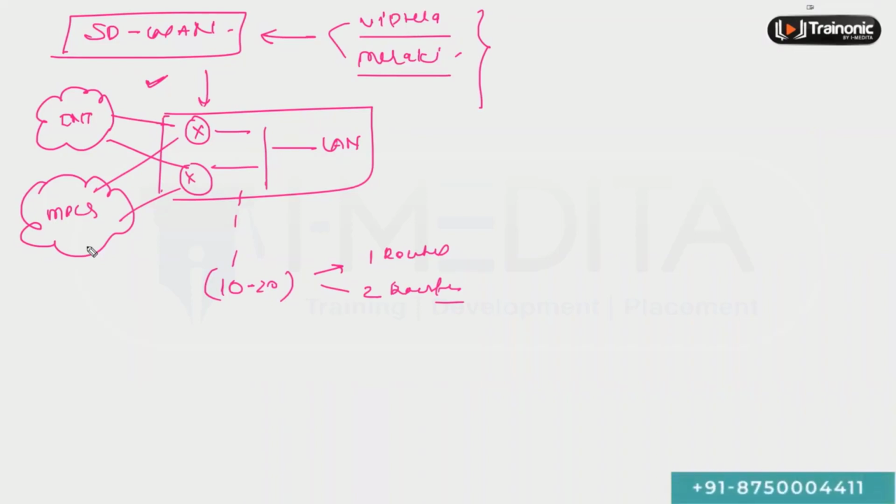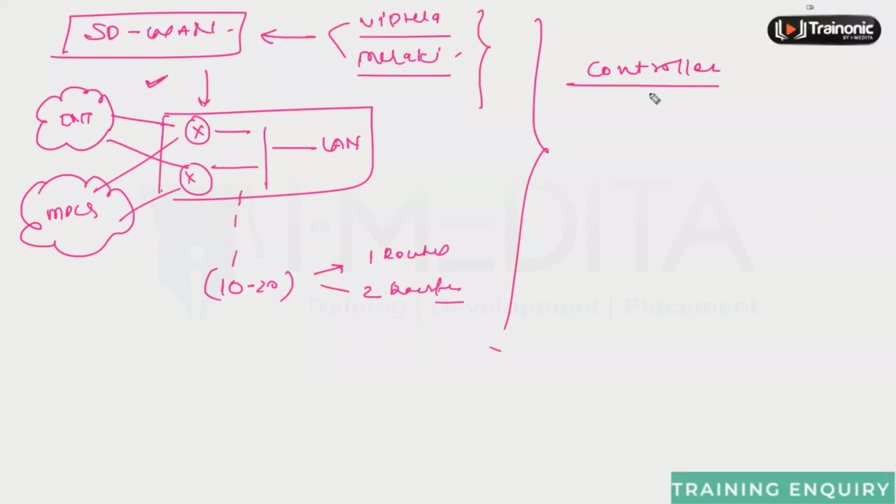Let me give you a brief overview of what SD-WAN does. In SD-WAN, what they have done is they have taken out all the intelligence of this device and created some separate devices called controllers. So software-defined networking, SDN, the software-defined approach to manage the infrastructure, uses some sort of controllers to have centralized control everywhere.